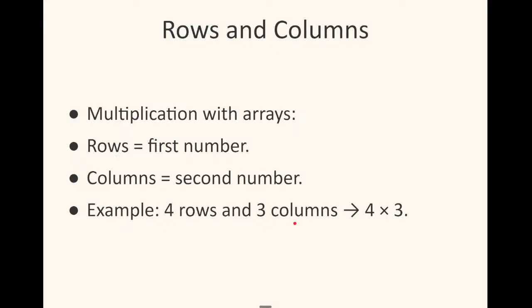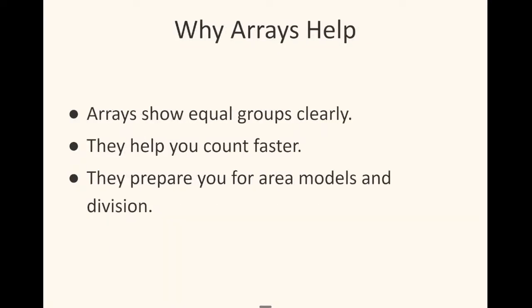Arrays help us understand what each number means. Arrays help us see equal groups clearly, count faster, and get ready for harder math like area and division. Using arrays makes multiplication easier to understand and remember.